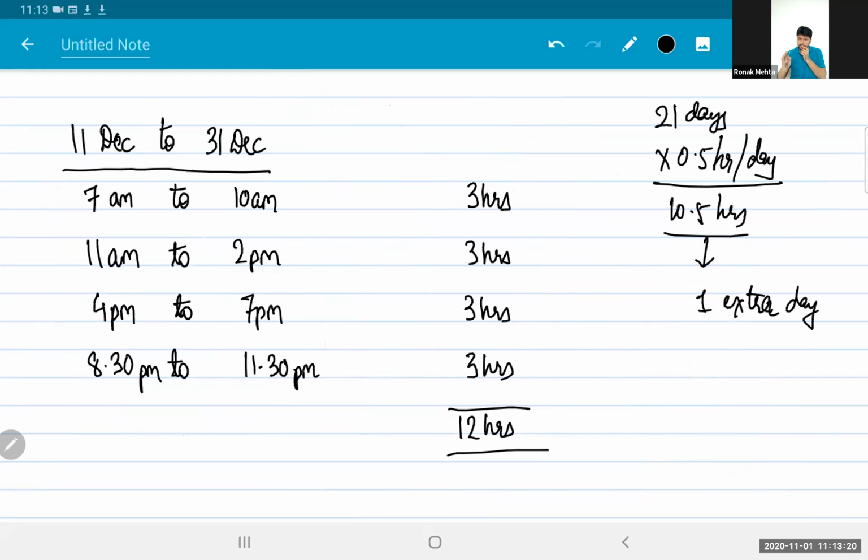If you straight away start with 12 hours a day right from the beginning of your study leave, you will get saturated very early. And then the psychological problem will be by the time you are in the month of January, you will start feeling, yaar, I have been slogging for 12 hours a day continuously from 1st of December. I need to rest. And you will lose momentum at a time when you should be picking up momentum.